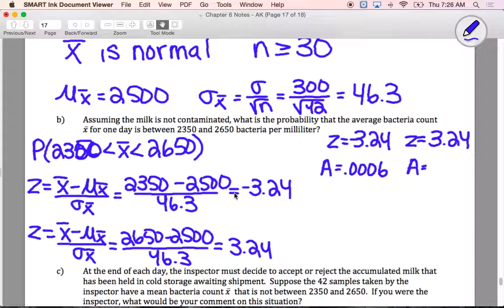For 3.24, look for 3.2 on your z, 0.04 for your column, and we get 0.9994. Now we subtract.